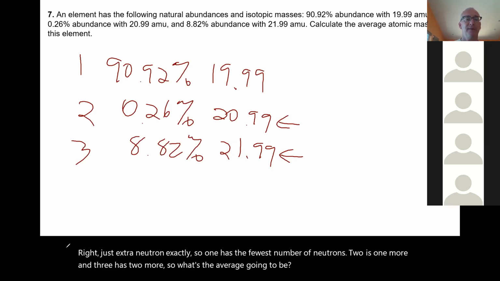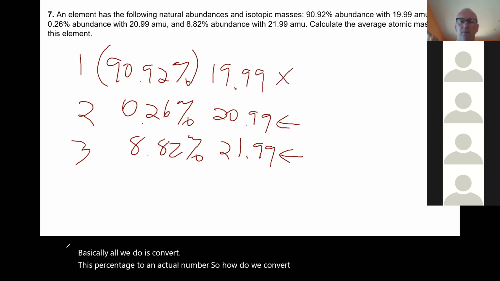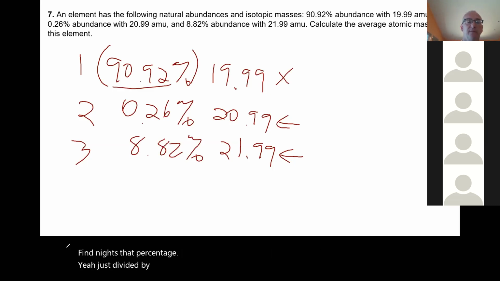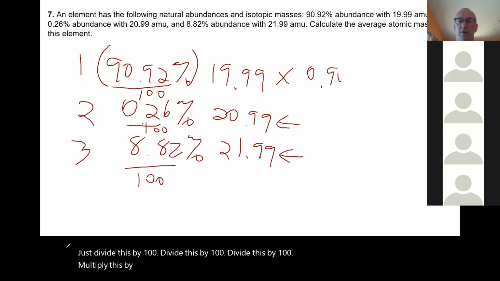Basically, all we do is convert this percentage into an actual number. How do we convert percent into a number? Just divide it by 100. So divide this by 100, divide this by 100, divide this by 100. So multiply this by 0.9092.